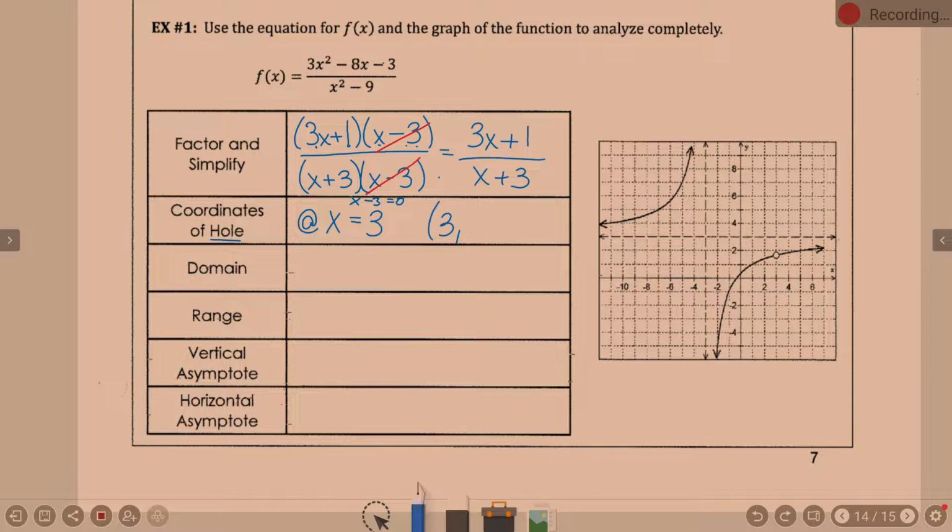So if I plug in 3, 10 over 6, and 10 over 6 reduces to 5/3. Could you technically leave it 10/6? Yes. I don't know. For working purposes, I always preferred simplified, but okay, so this is a hole, right?